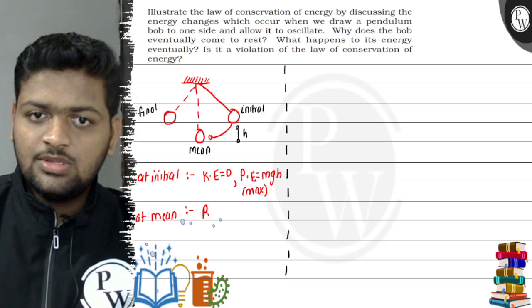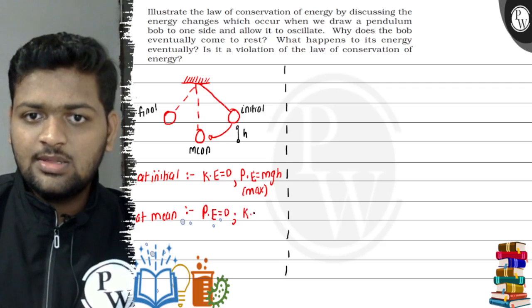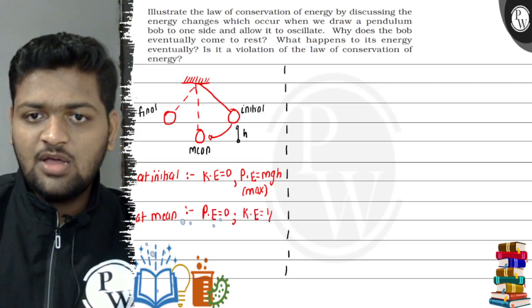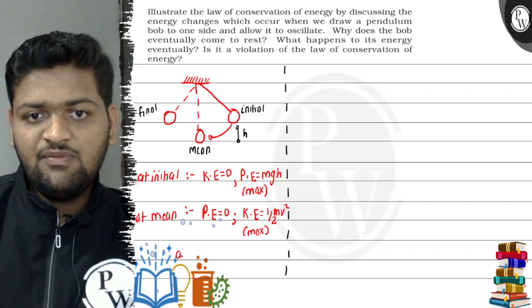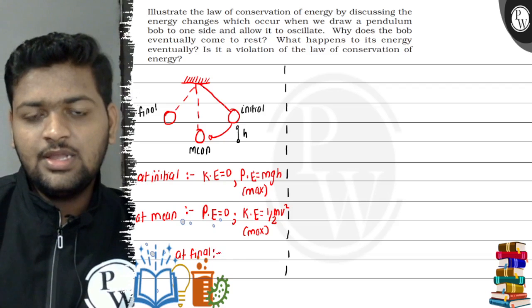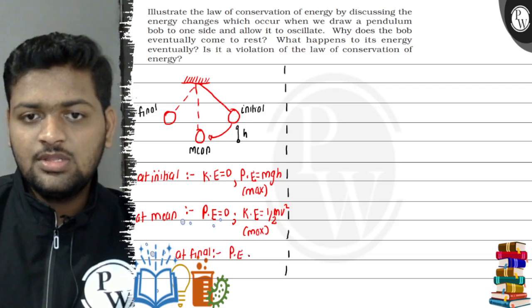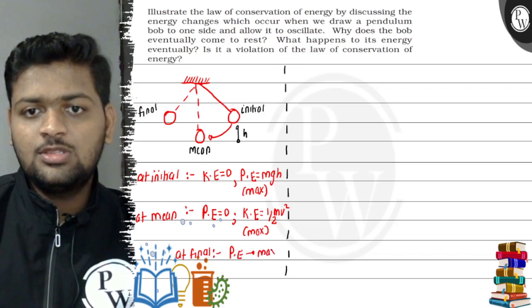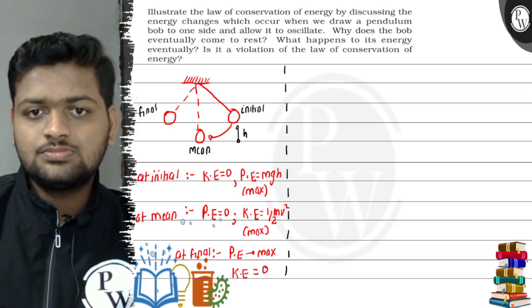As soon as it reaches the mean position, potential energy becomes zero and kinetic energy is half mv squared, which is again maximum. And at the final position, kinetic energy goes on decreasing and potential energy increases. So potential energy becomes maximum, which is the same mgh, and kinetic energy is zero.